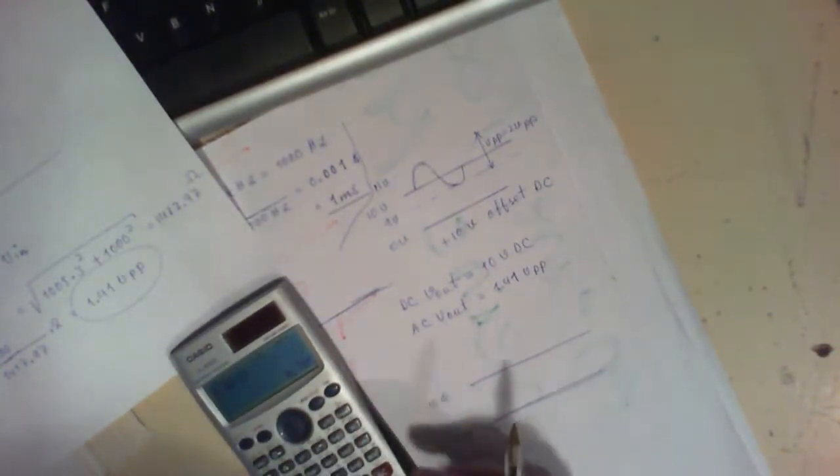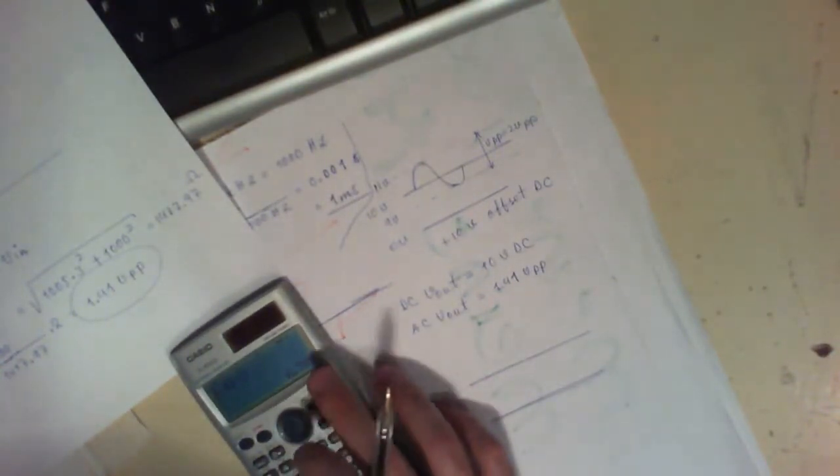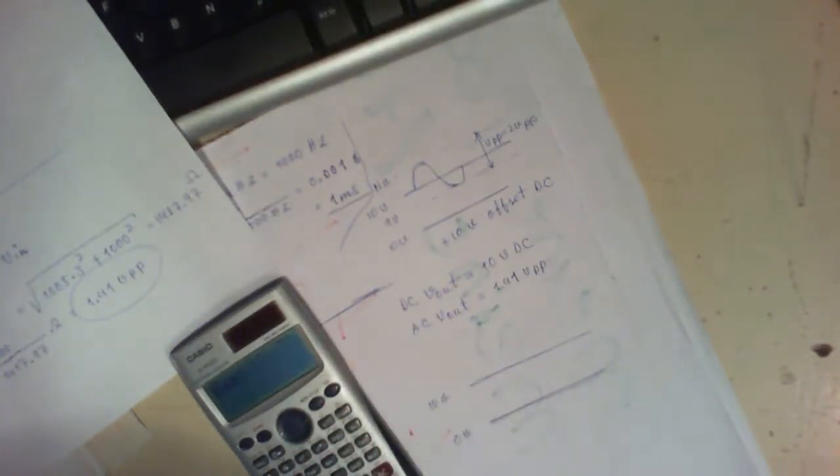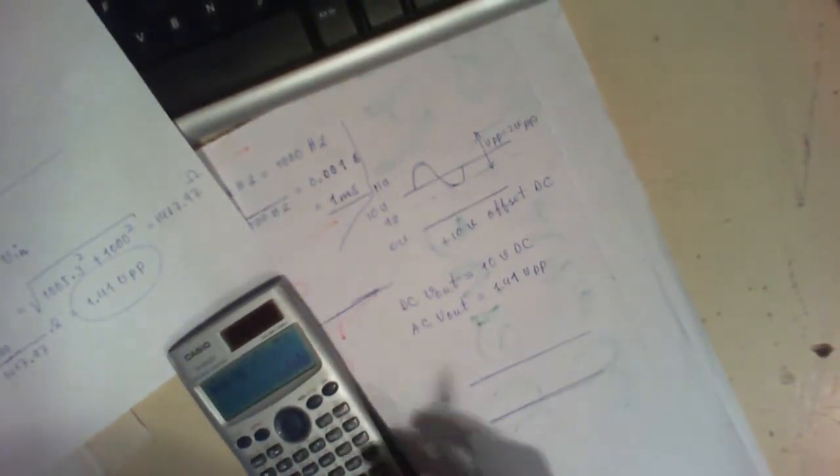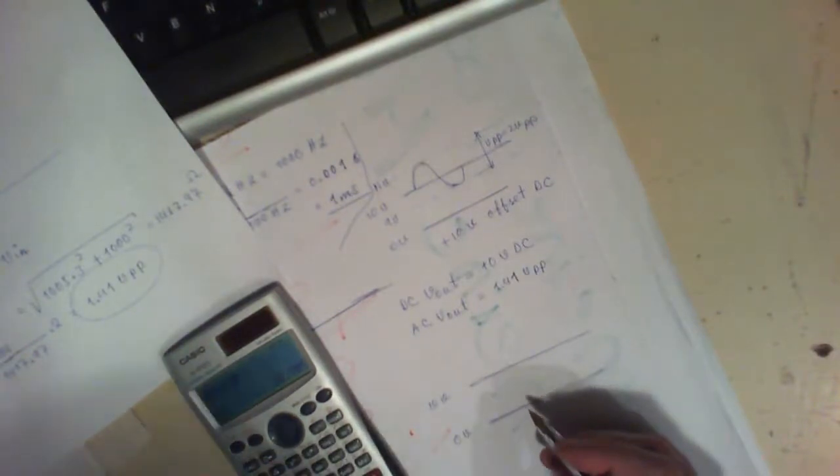So then 0.705 plus 10 volts is equal to 10.705 volts.